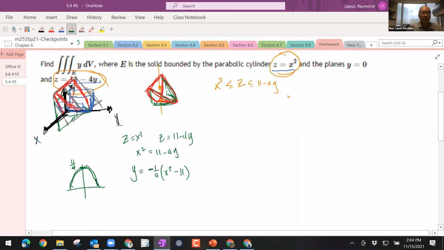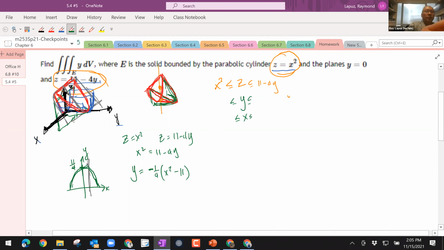But looking at this in 2 dimensions with just x and y to help us figure out our x and y components, this looks like a type 1 region. Drawing a line parallel to the y-axis would give me my region, I think. So we'll do y first and then x last.